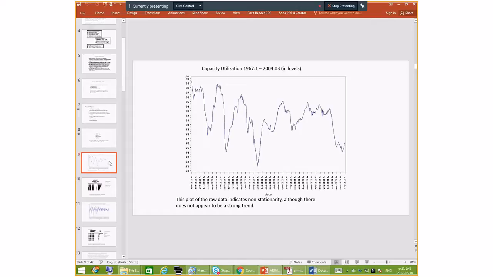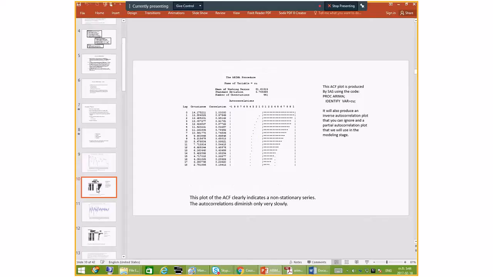First, plot the raw data to indicate that the series is non-stationary. This is the plot of the autocorrelation function. This is a non-stationary series because the autocorrelations diminish very slowly.